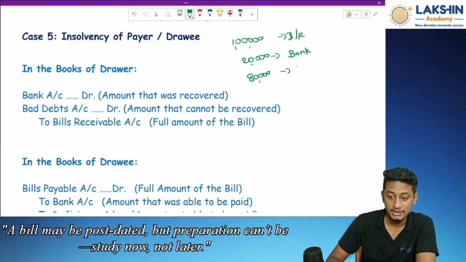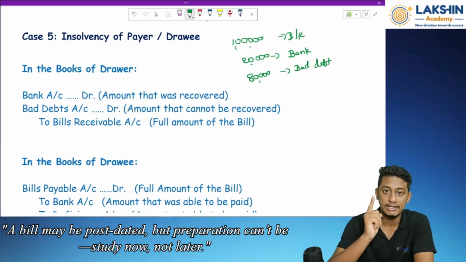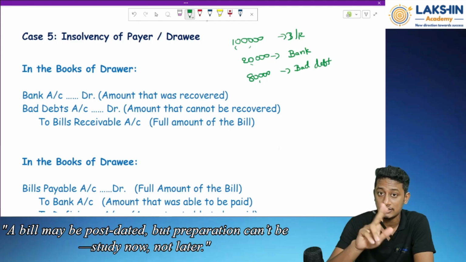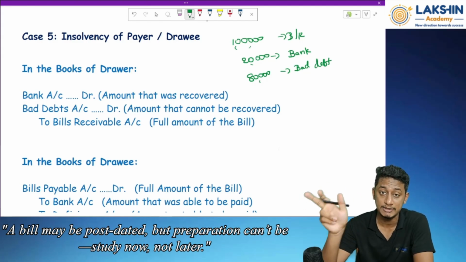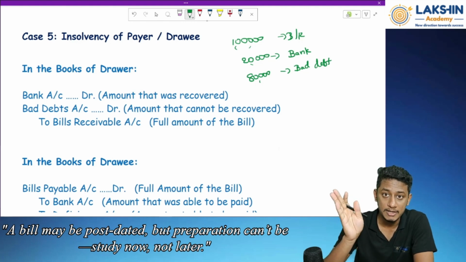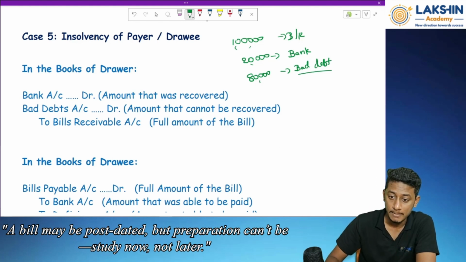It is called bad debt. So whenever any amount is not recoverable from that person, it is bad debt. See, dishonor doesn't mean it is not recoverable. It can be recovered. But when a person has become insolvent, it is no more recoverable from that person. So that's why it will be a bad debt to me.